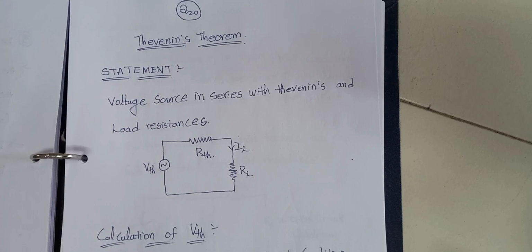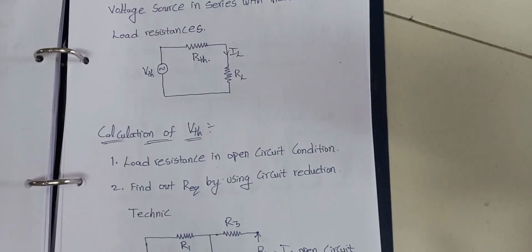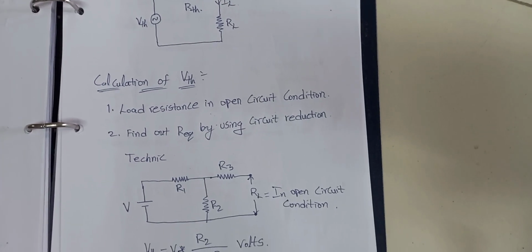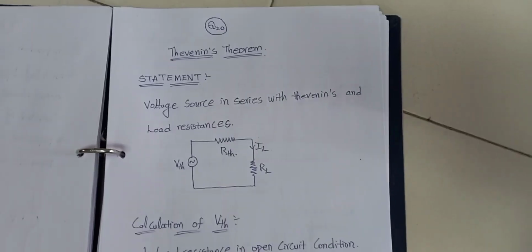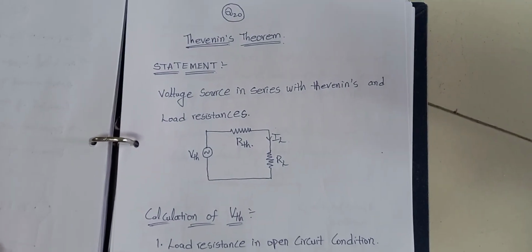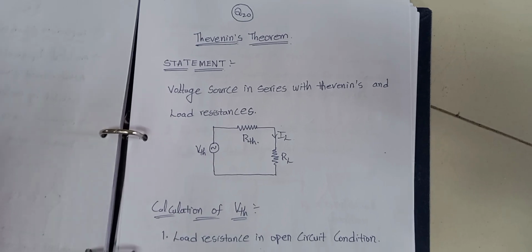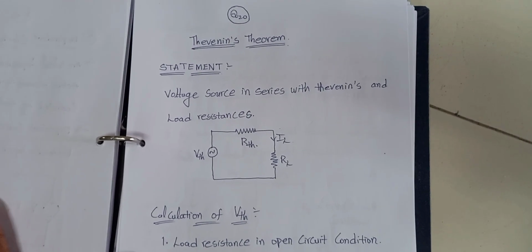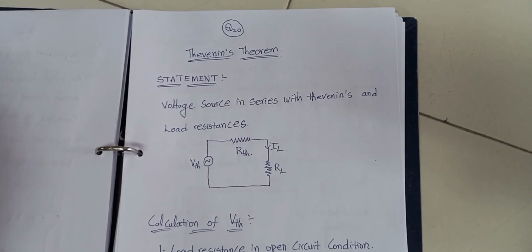Totally here I have given 3 circuits, 3 formulas, and 2 conditions for Thevenin's theorem and Norton's theorem. Majorly in Thevenin's theorem, we are calculating V Thevenin, R Thevenin, and IL.